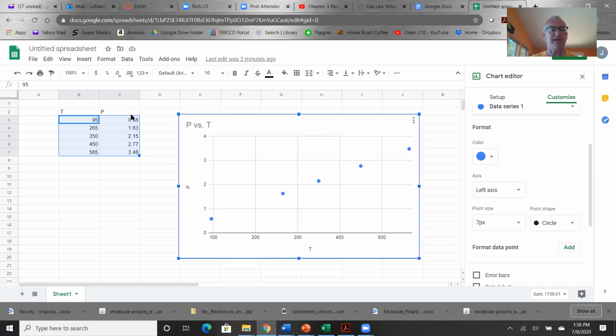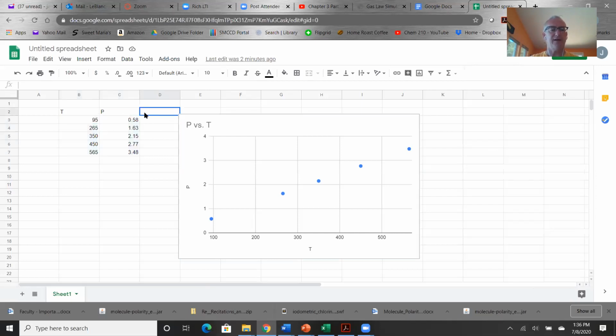So you would have gas A here, and then put gas B there. You can put them on the same plot and see if they fall right on top of each other, or if the slopes of the lines are different.